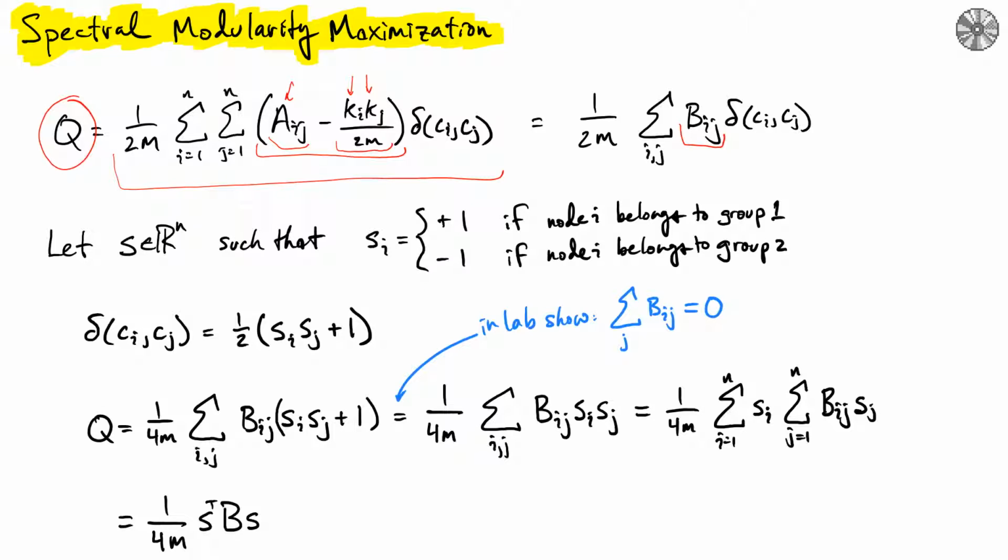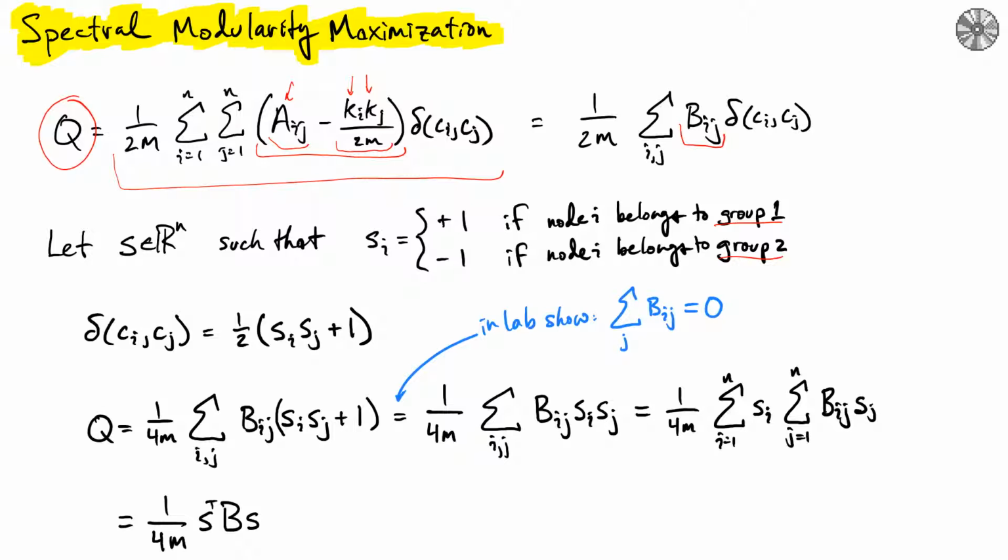The first one is that we're going to rewrite this Kronecker delta in a little bit more of an analytic framework, and we're going to be aided in this because we're only going to include the possibility of having two different types or two different groups.